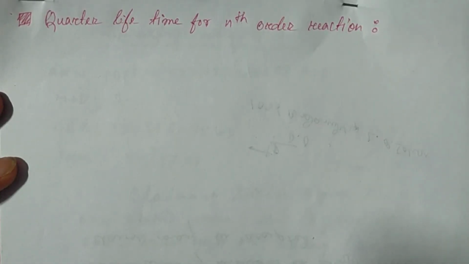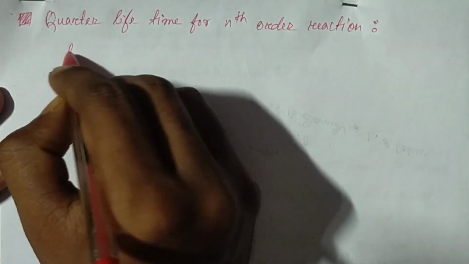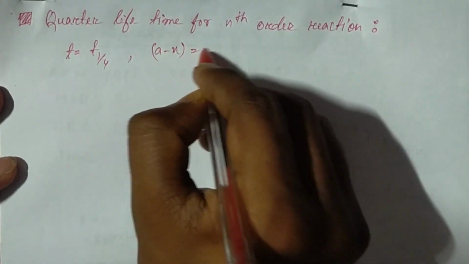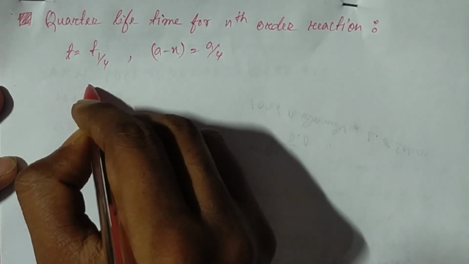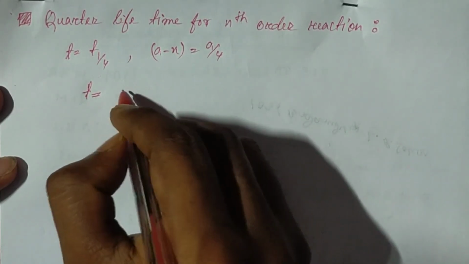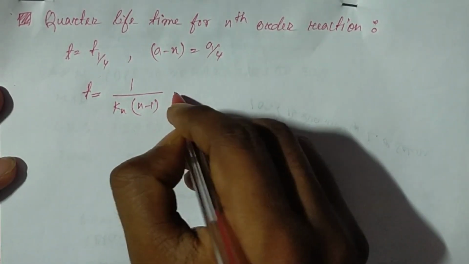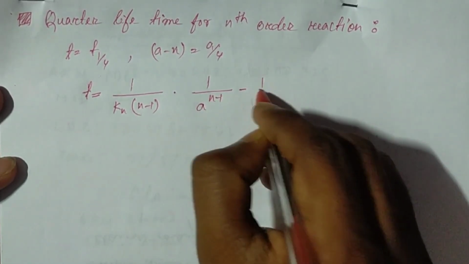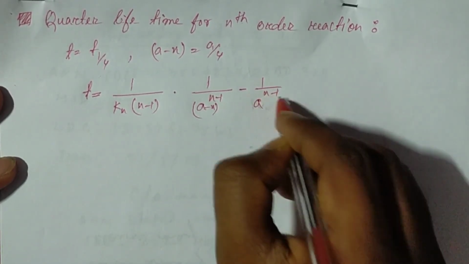Now let's discuss quarter lifetime for nth order reaction. So for that, t will be t 1 by 4 and a minus x will be a by 4. As we know the general equation for nth order reaction, it is t is equal to 1 by kn (n minus 1), and here it is (a minus x) to the power n minus 1 minus a to the power n minus 1.